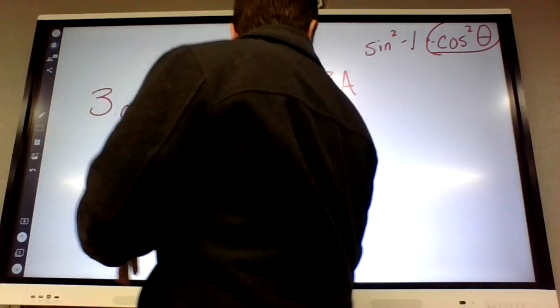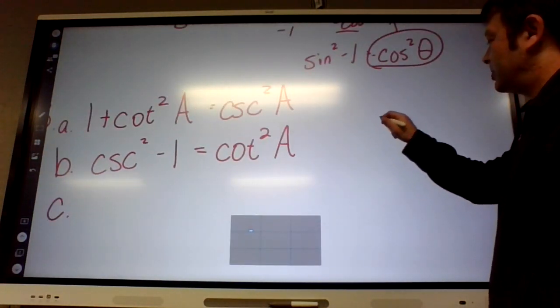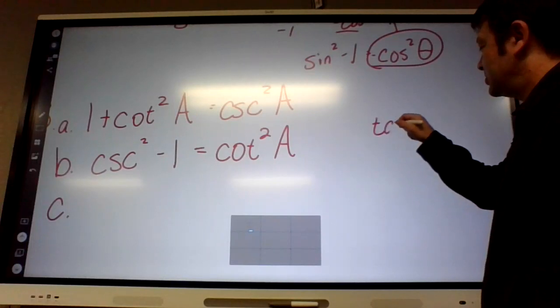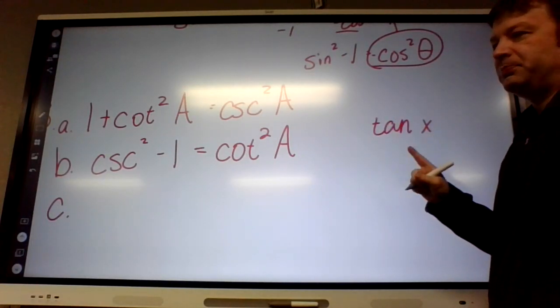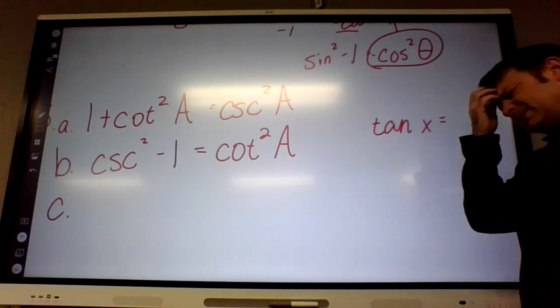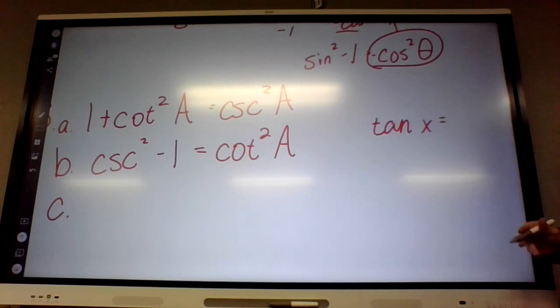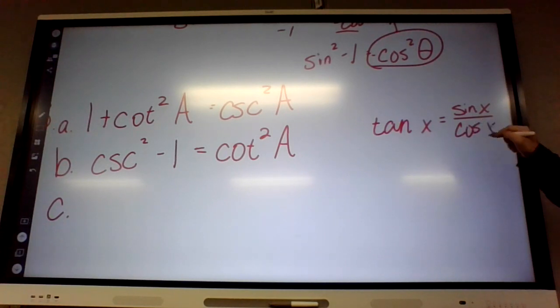Oh, I just remembered something. For some reason they did not put this in there, but we need it. Tangent. Actually, possibly past students have written this in their book because I told them to somewhere. Tangent is equal to sine over cosine.